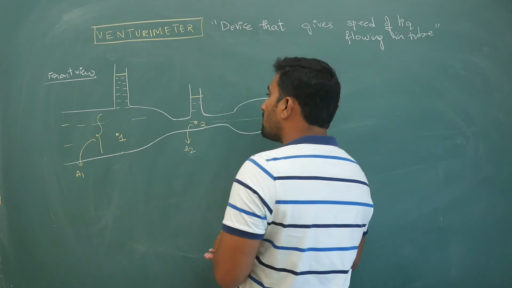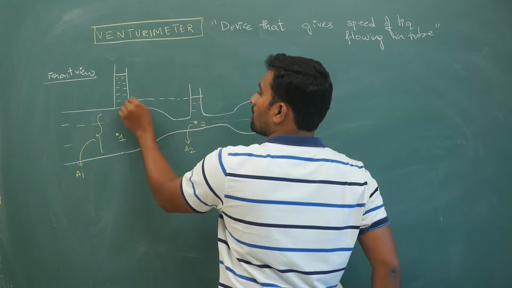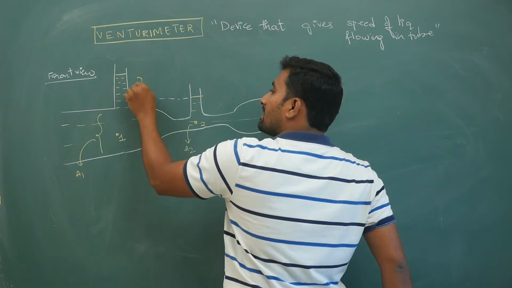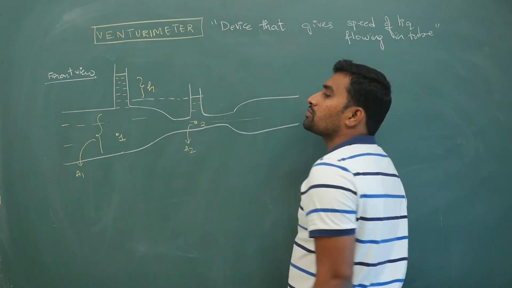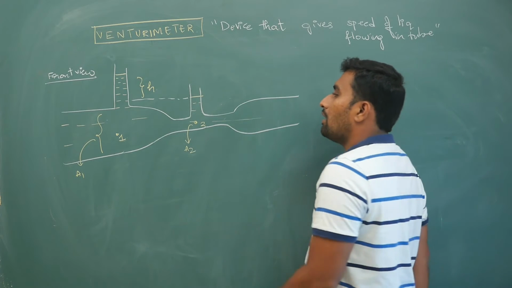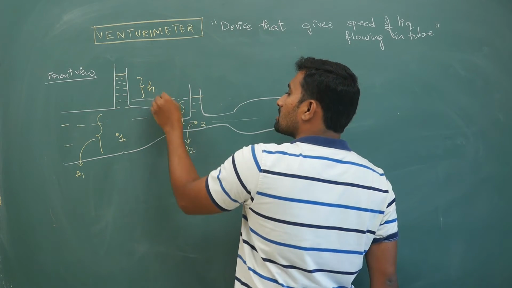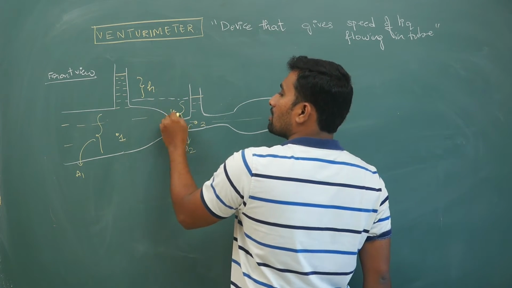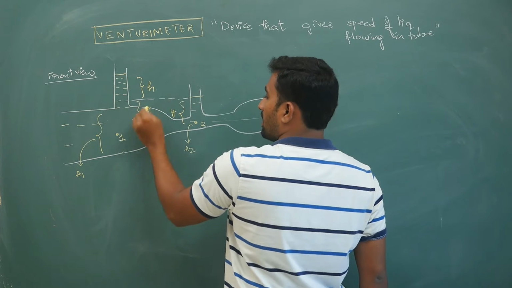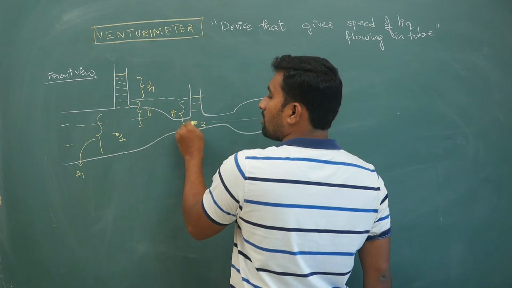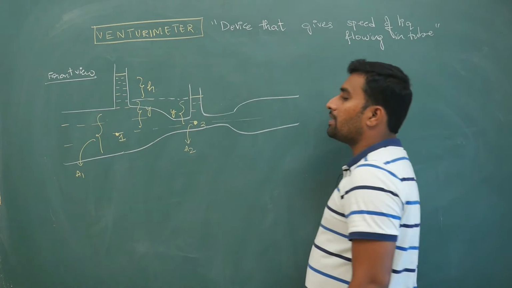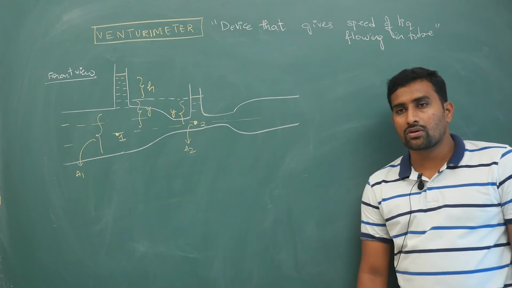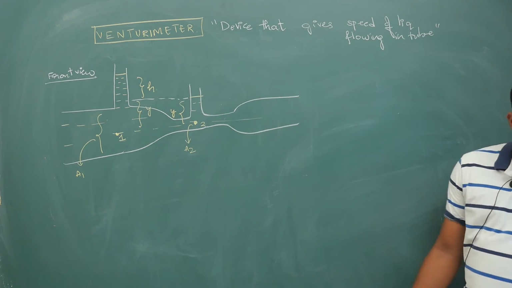Let us say the height difference between these two ends is h. If this distance is some y, here also it will be y. At points 1 and 2 we are supposed to calculate the values.